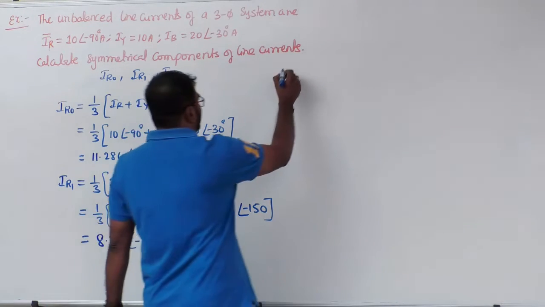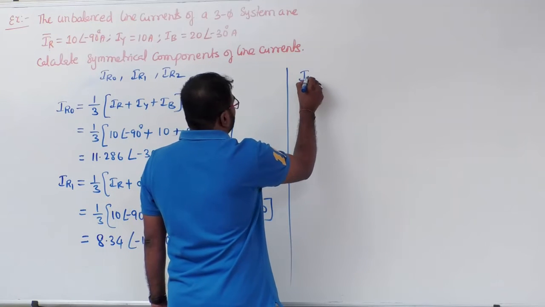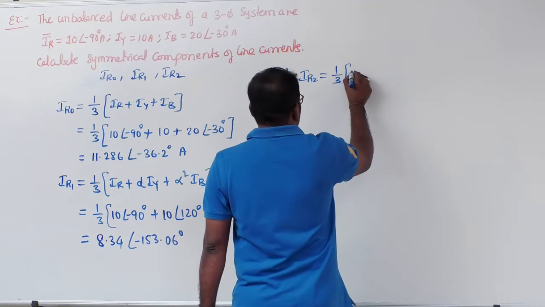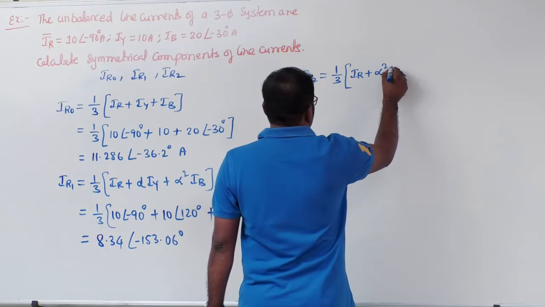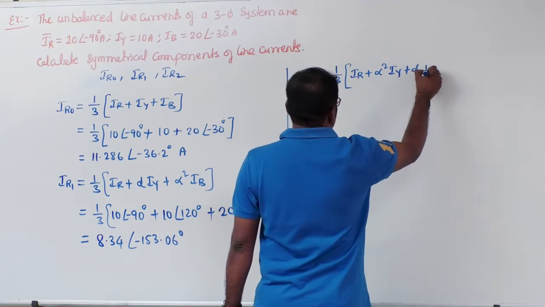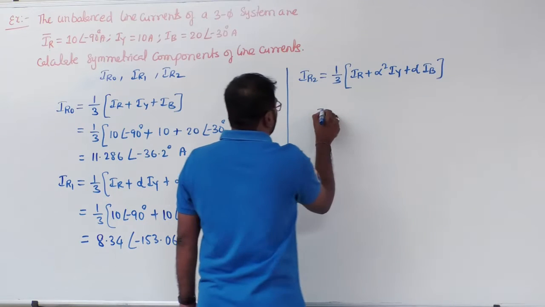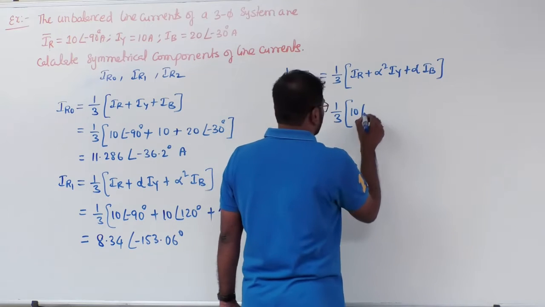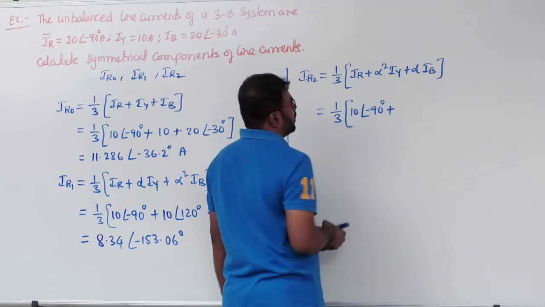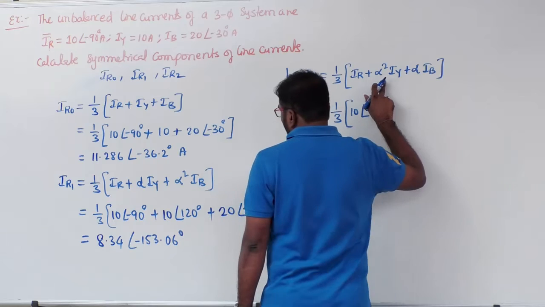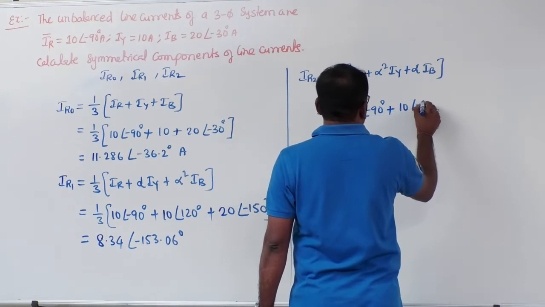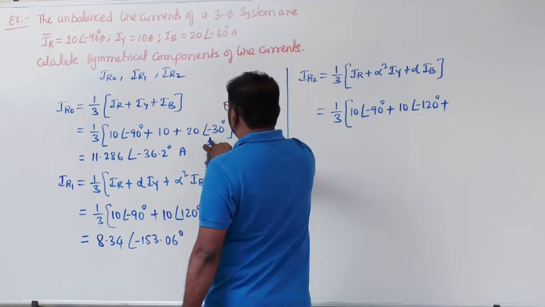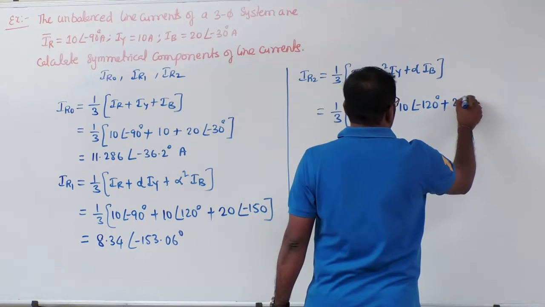Now similarly we can calculate IR2. What is the formula for IR2? 1 by 3 times (IR plus alpha square times IY plus alpha times IB). Substituting: IR is simply 10 at an angle minus 90 degrees, alpha square is 1 at an angle minus 120, so 10 at an angle minus 120, plus alpha, 1 at an angle plus 120, and minus 30, so 90 degrees.